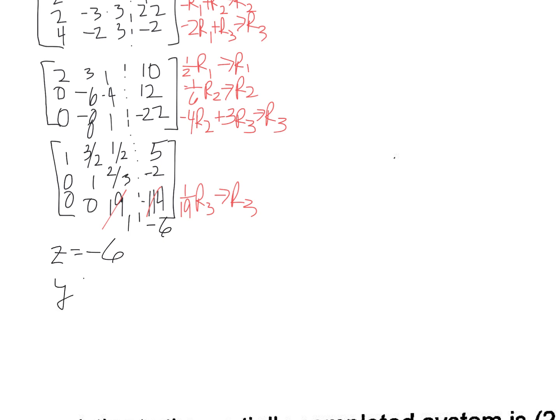So we have y plus 2/3 times -6 equals -2. y minus 4 equals -2, which now gives us y equal to 2, and then we back substitute for x.